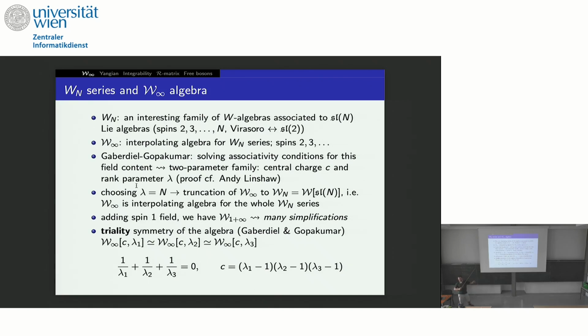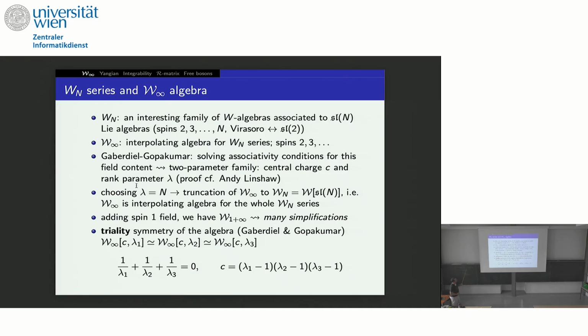So it's just a convenient field, like a free boson, that is useful for bookkeeping, but it does not really interact with the rest of the algebra at the level of operator product expansions. And again, the analogy of this spin 1 field is when we consider GLN instead of SLN. So you know that the diagonal matrices commute with the rest, and for some things it's convenient to consider GLN, for other things it's convenient to stay with SLN, okay?